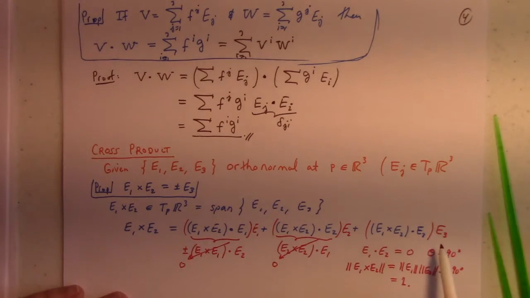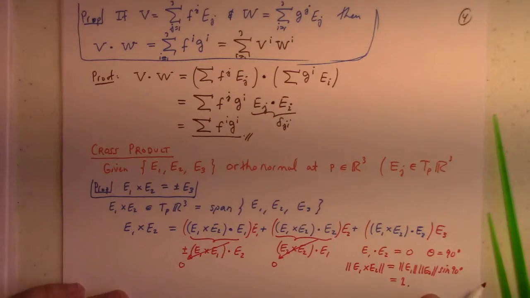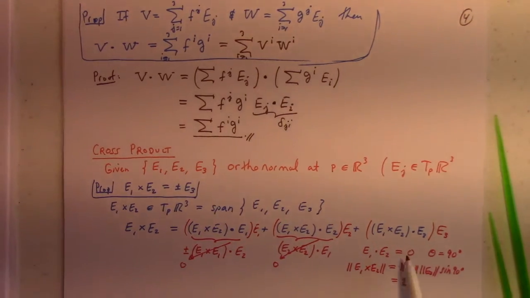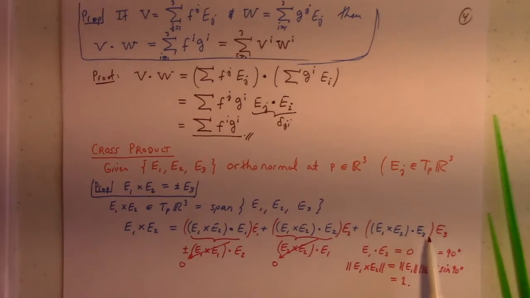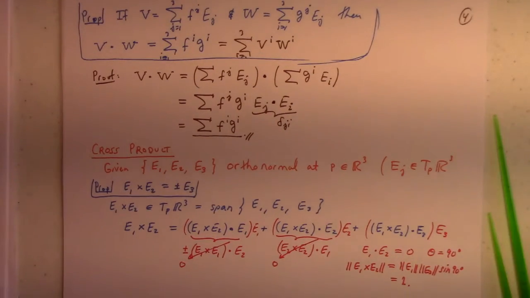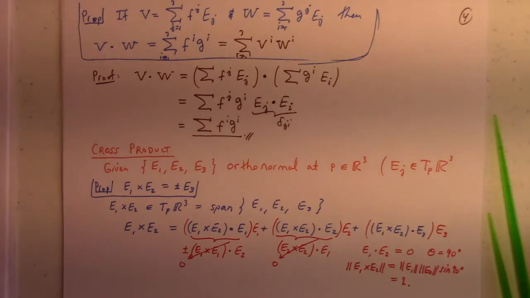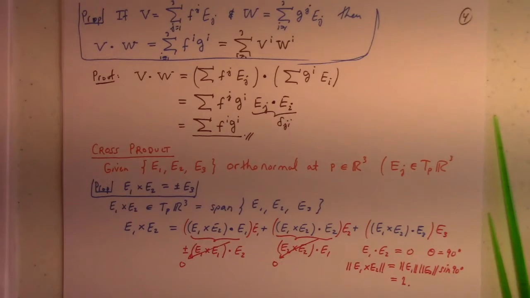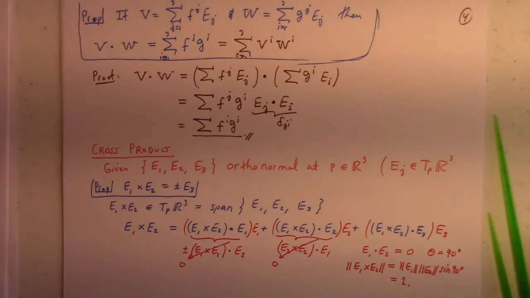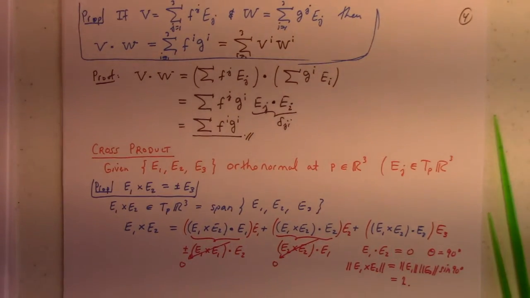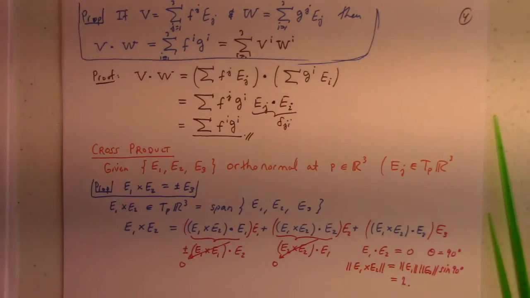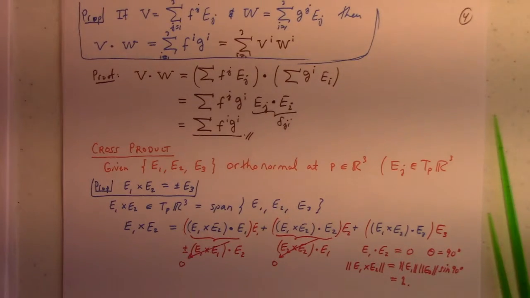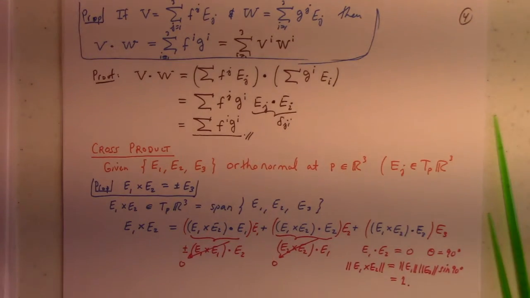well, let's see here how to argue this. Maybe I do need to know that E1 cross E2 is in the E3 direction. How to say that? I guess there may be a small gap here in my argument. Oh, wait a minute. I've got E3 dot E3.